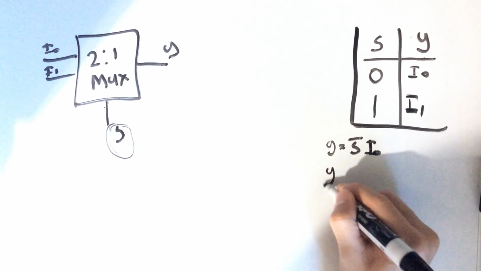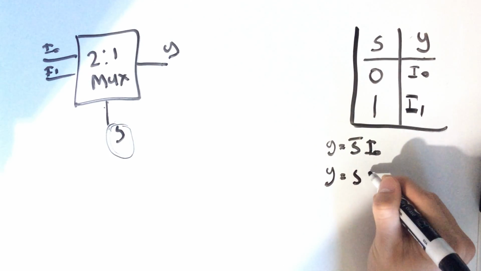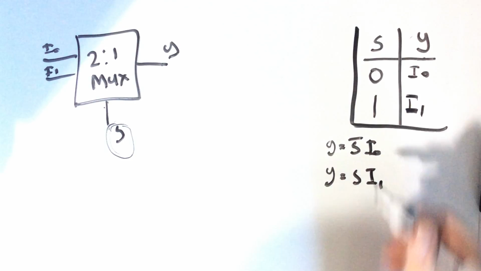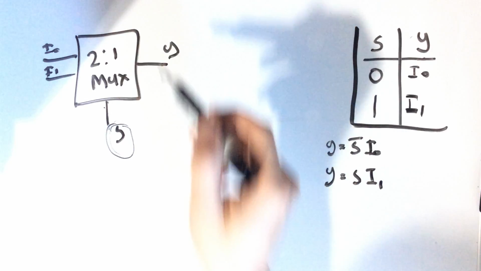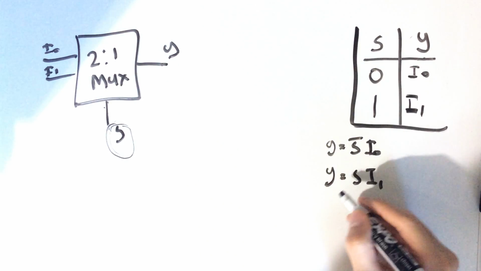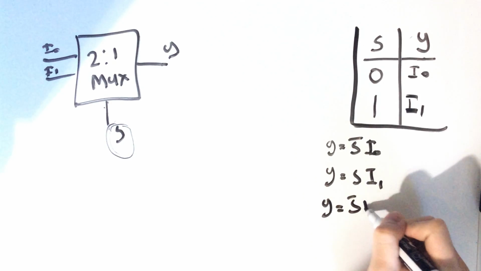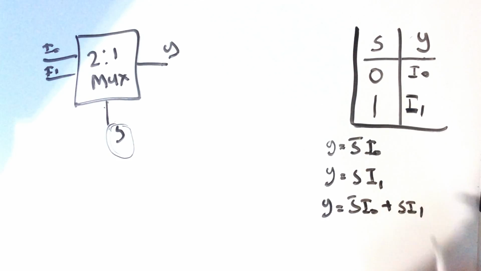Y also equals S and I1. Okay, so these are our 2 possible outputs. And because we can only select one of these 2, we'll run them through an OR gate. So Y equals not S I0 plus S I1.